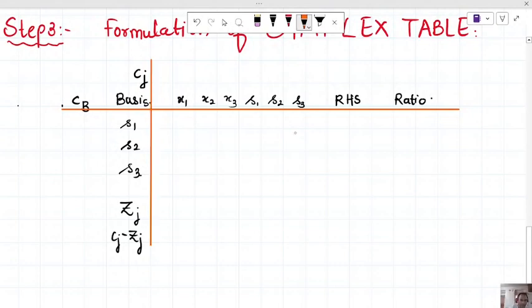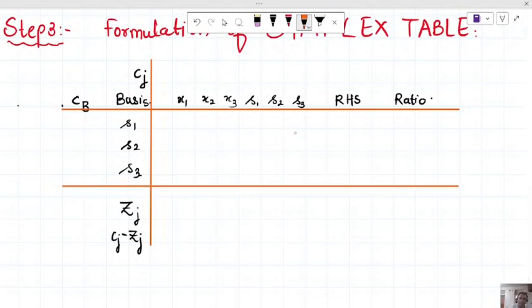I'll draw the line here like this. Now we have this table ready, so let us start filling up the values.